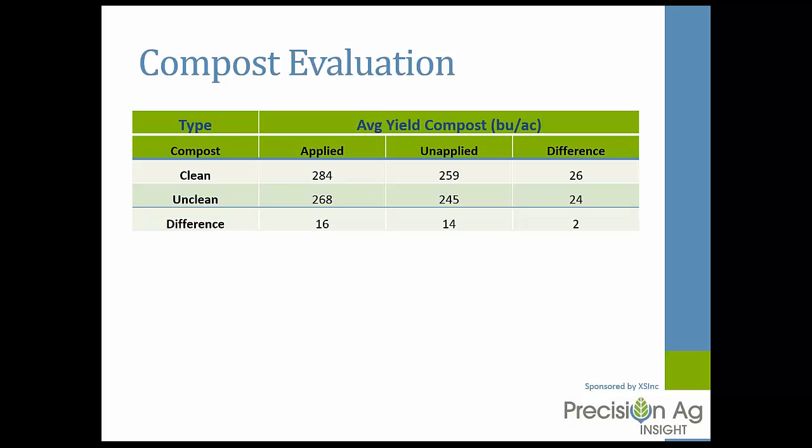Is that how you interpret this? Yep, you're right on. You can see the difference was only 2 bushels between the clean and the unclean. But in this case, it makes quite a big difference on return on investment, like we'll see on the following slides.